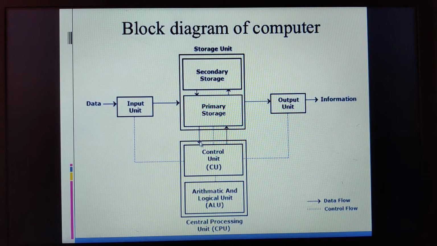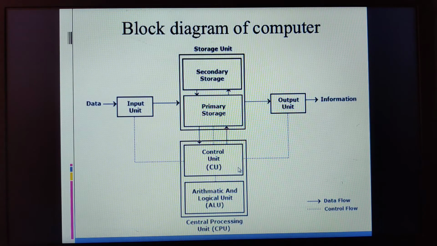The arrow marks you are seeing are nothing but the data flow. Those instructions will be received by the control unit, and the entire instruction will be divided into a series of logical steps. If I have 2 plus 5 into 3, this entire instruction will be divided by the control unit. Then each instruction will be forwarded to the ALU for processing. The ALU will perform the required calculations, and then the final result will be generated.